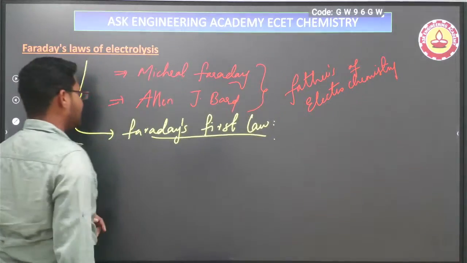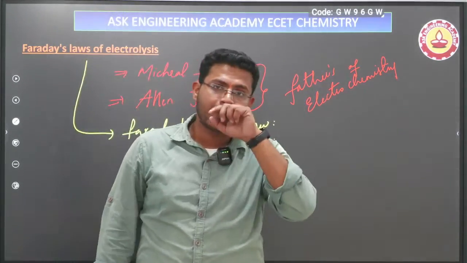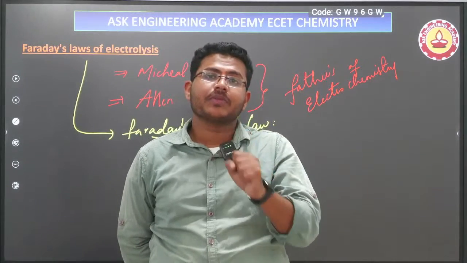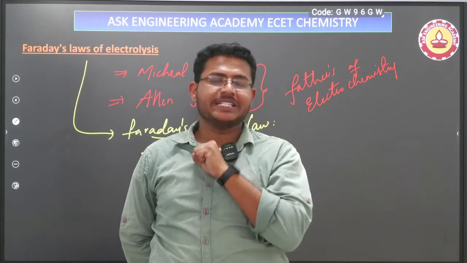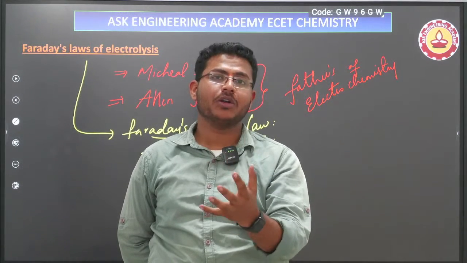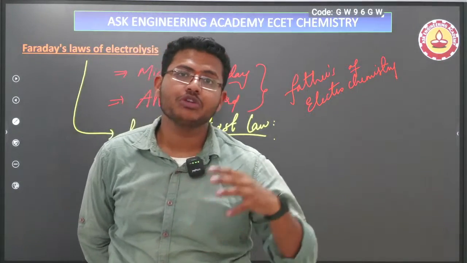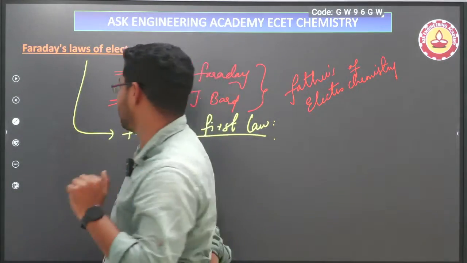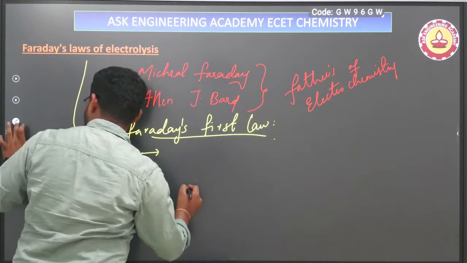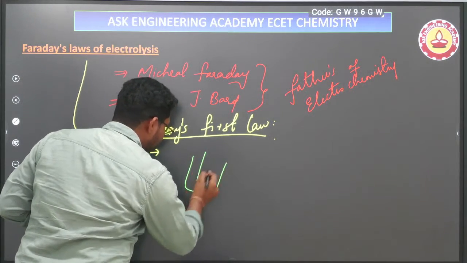What does Faraday's first law state? Faraday's first law states that the amount of electrode deposited is always directly proportional to the amount of electricity passed. For example, this is a chamber, these are the electrodes.